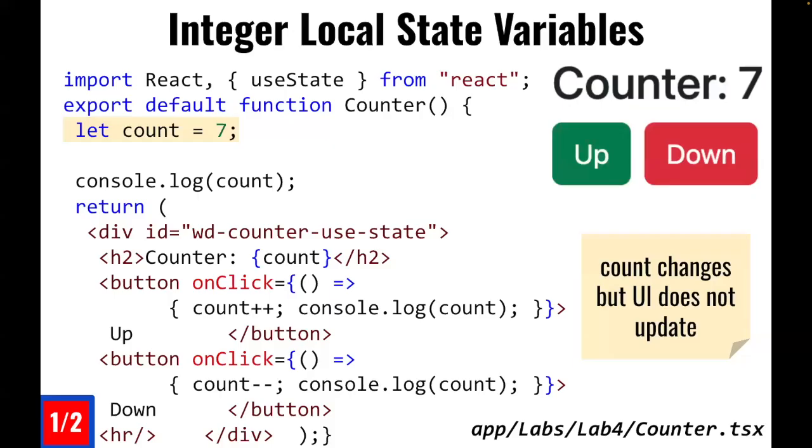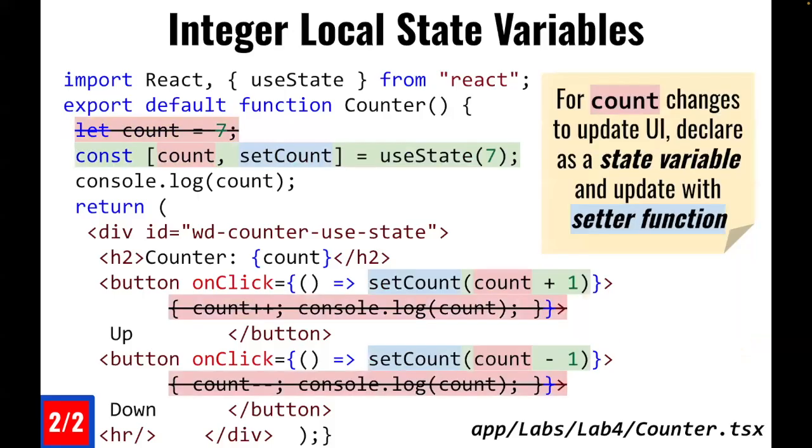Those that we do want to render, we're going to name state variables, variables that have a state. If the values of these variables change over time, we do want to render them, and the way we do that is by declaring them using a hook called useState.